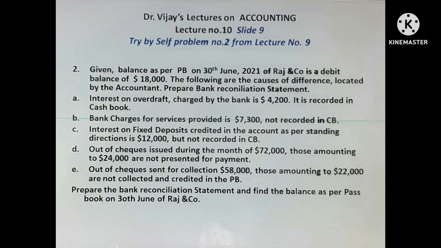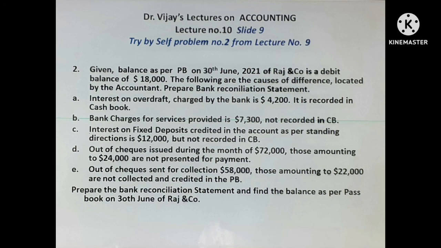So the given balance is overdraft as per passbook. We have to find out the balance as per cash book. Arrived balance is balance as per cash book. The following are the costs of difference located by the accountant. Prepare a bank reconciliation statement. We have to proceed under the assumption that bank balance as per passbook is also overdraft.